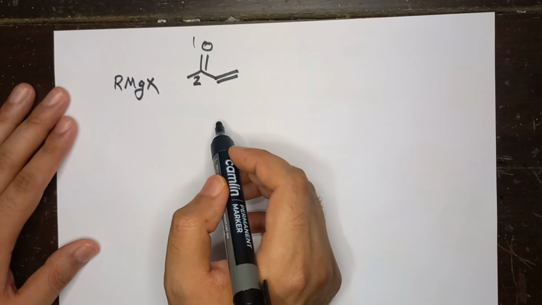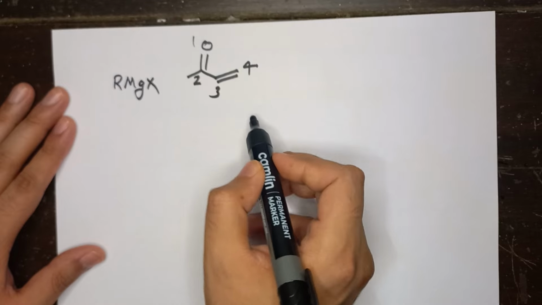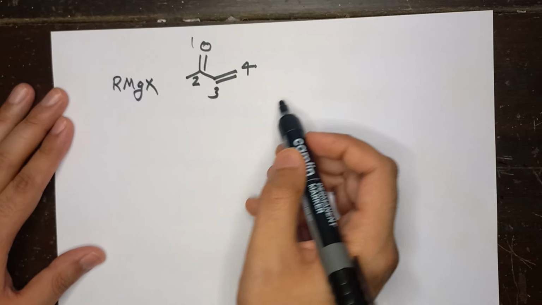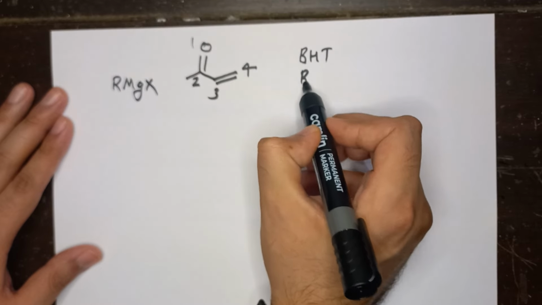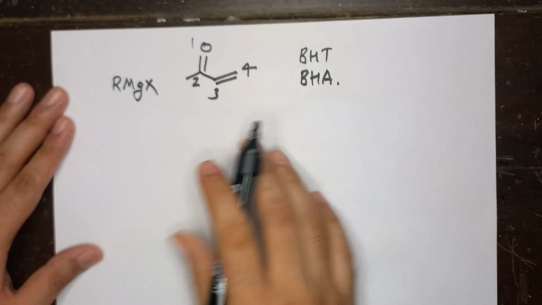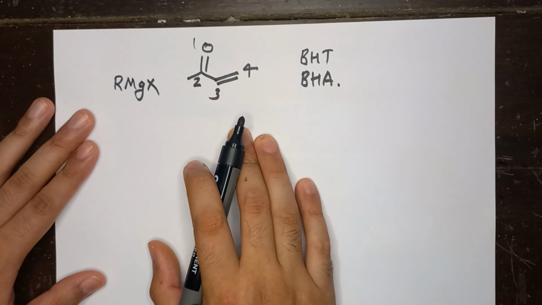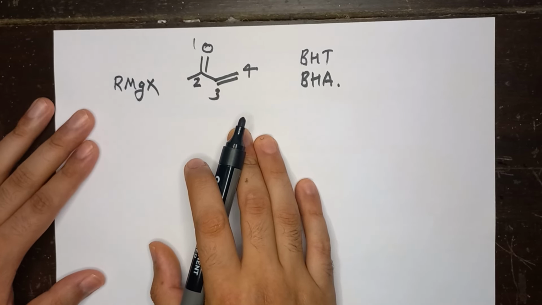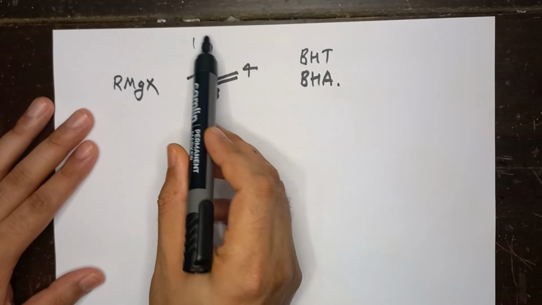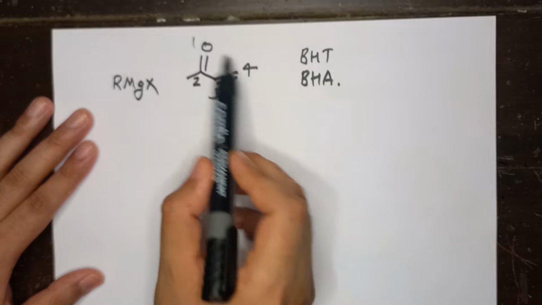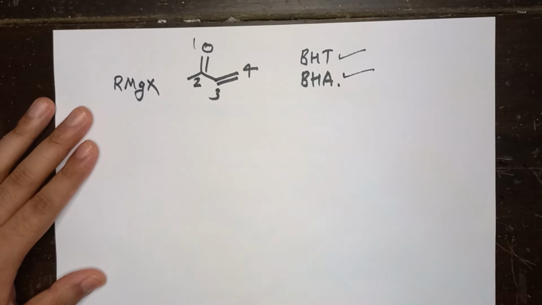But if you want to add your Grignard to the 4th position, then you need to think about something called BHT or BHA. So this is very important. You need to know this. This might show up in your exam. So we know that Grignard usually does 1,2 addition. But if you want to do 1,4 addition of Grignard, you need to think about BHT and BHA.